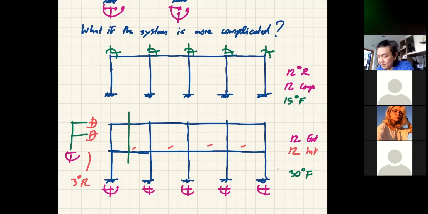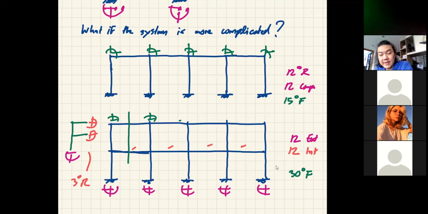Okay, so you count 1, 2, 3, and then 1, 2, 3, and so on and so forth. So this one has 30 degrees of freedom. And with the new analysis method that you are going to undertake, it's a lot easier to handle than trying to solve for 24 degrees of redundancy.